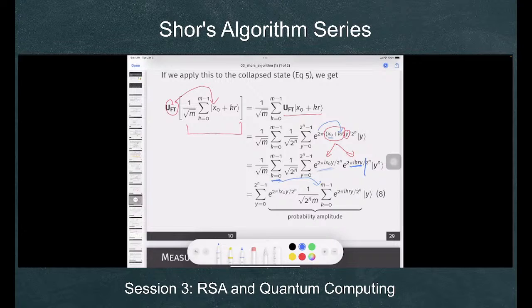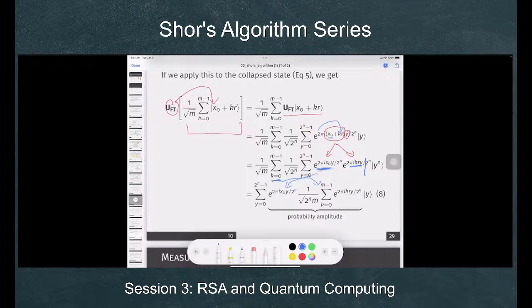And since the index of summation is k, and this factor here doesn't have k anywhere in it, you can also factor it out. That's why it's here outside.